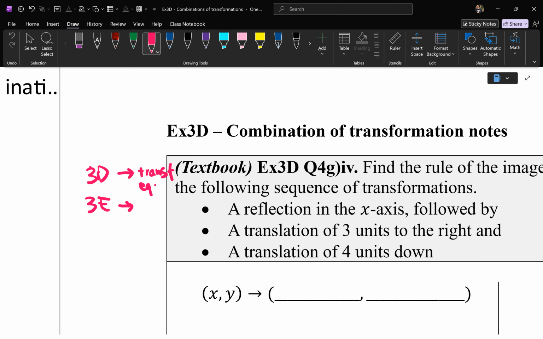Can you work out the sequence from a transformation equation? Okay, so it's just going back and forth. That's why D and E are sort of back to back. You learn how to follow a sequence first, get the transformation equation, and then in the next exercise, going backwards, using a transformation equation, you say, what's the sequence?